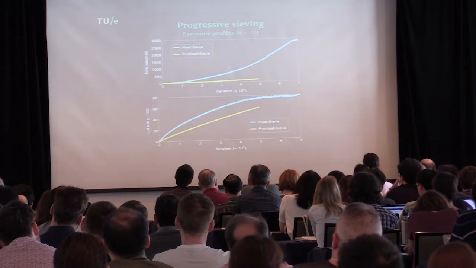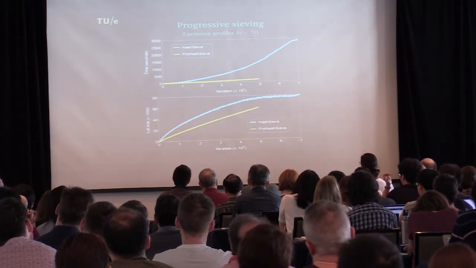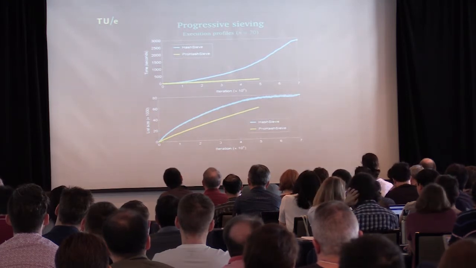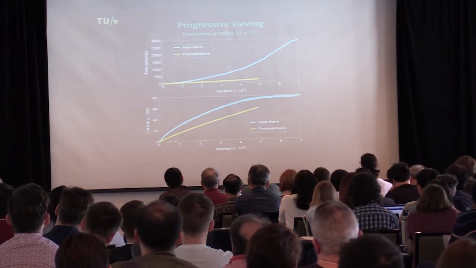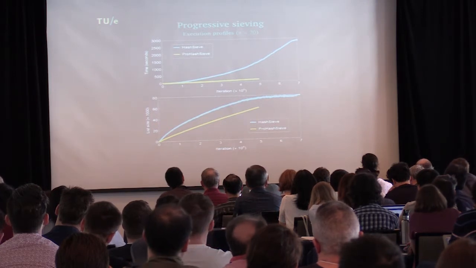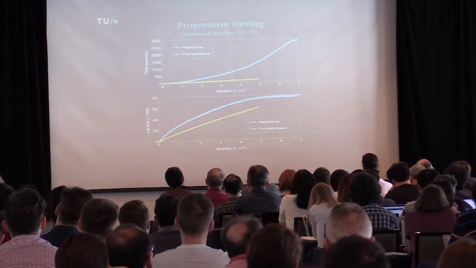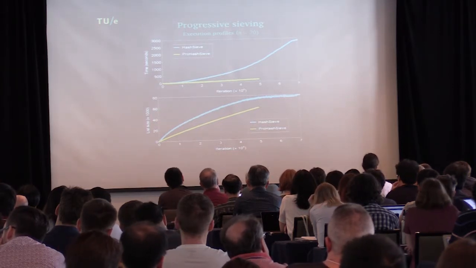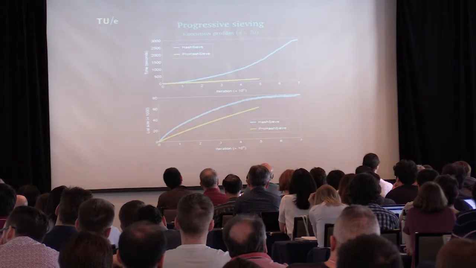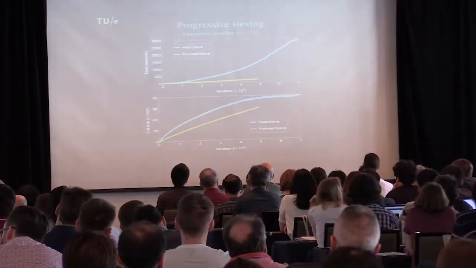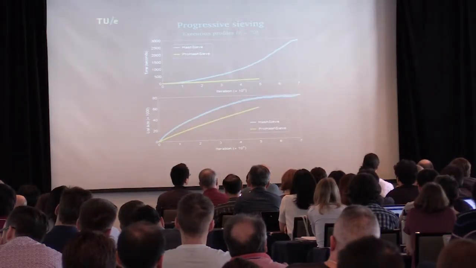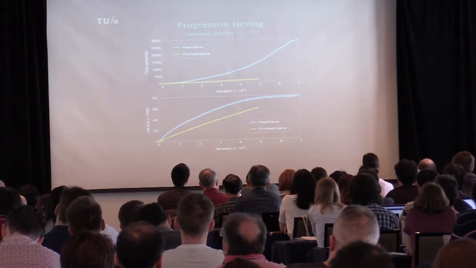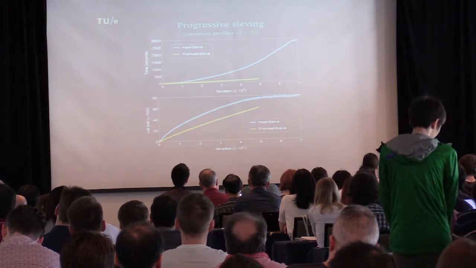You can see that the number of iterations does not really change compared to just the original approach, but actually the time per iteration decreases quite a lot, because if you already have a list of short vectors, when you go to a higher ranked lattice, then you can reduce the vector much faster than if you don't have this list to start with. And also the list size at the bottom does not change too much, but you can also see that it's a lot smoother for the progressive variant. You get almost a straight line compared to a bit of a wobbly behavior for the original approach.